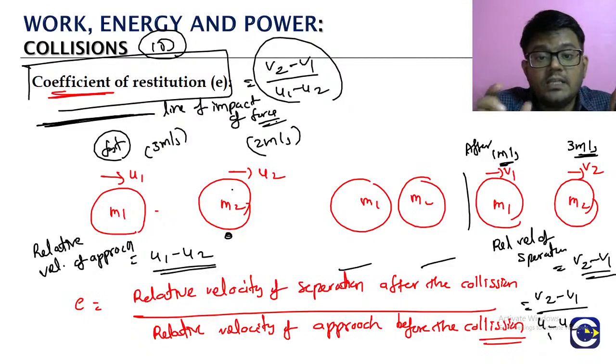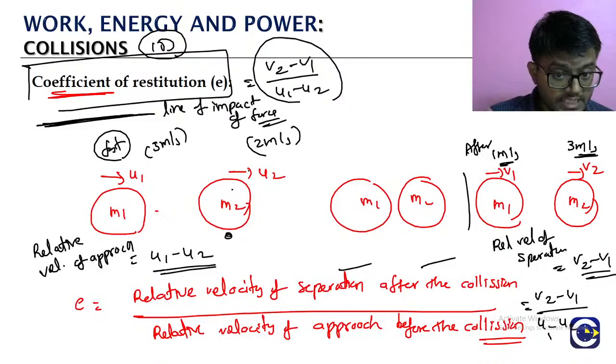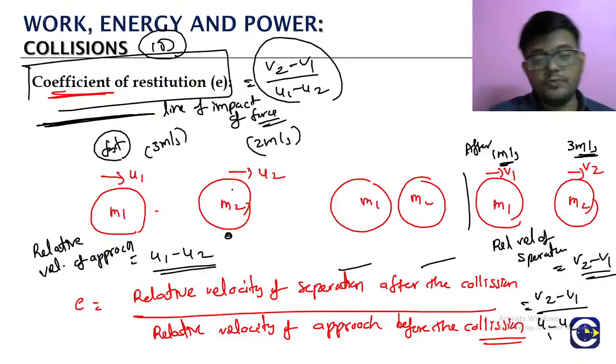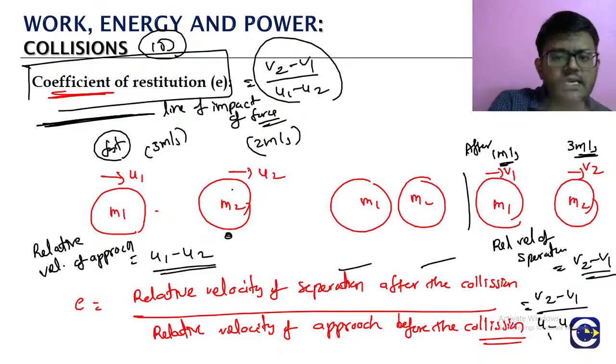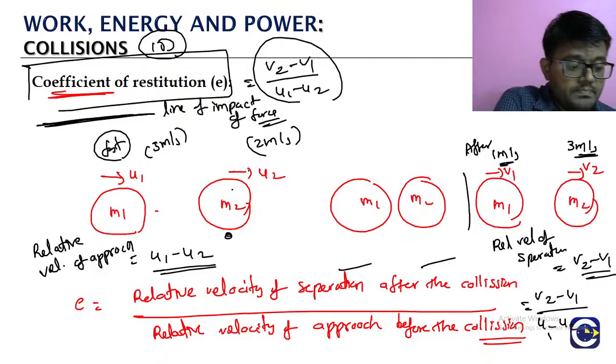Another way to say it: the coefficient of restitution is the ratio of the relative velocity of separation after the collision to the relative velocity of approach before the collision. Okay? We'll see how the value of the coefficient of restitution changes when we discuss each category of collision.